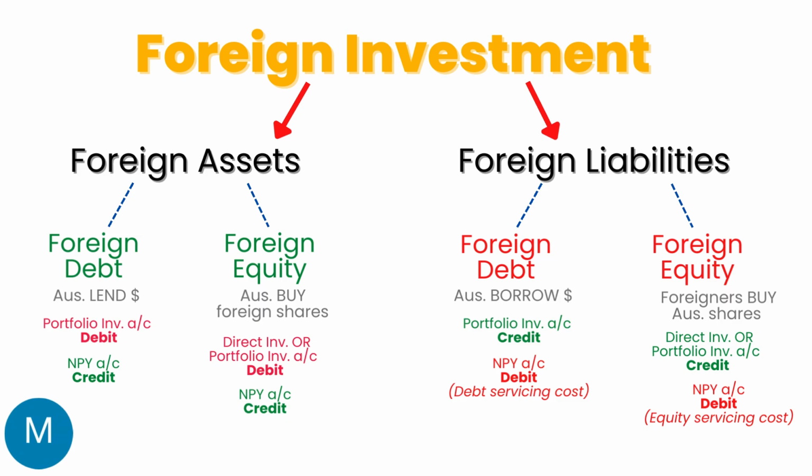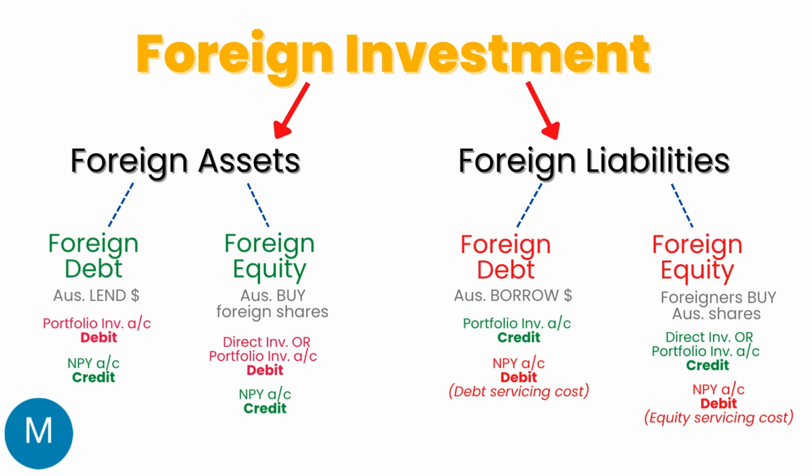On the other hand, if a non-resident invests in Australia, it would increase our foreign liabilities. For example, when a non-resident lends money to an Australian, it would be credited into the portfolio investment account of Australia. In return, when the Australian resident repays the interest to the lender overseas, it will be debited from the MPY account as a debt servicing cost.